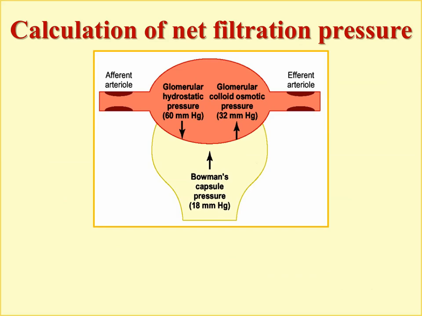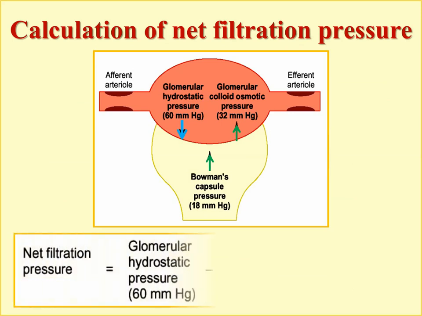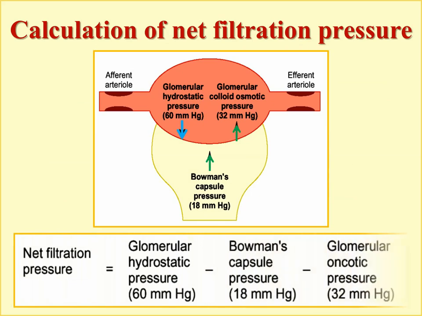Net filtration pressure. If hydrostatic blood pressure in the capillaries of the glomerulus is 60, then opposing oncotic pressure of blood is 32, and pressure in the Bowman's capsule, which also opposes, is 18 millimeters. Therefore, total net filtration pressure is 60 minus 50, or simply 10 millimeters mercury.